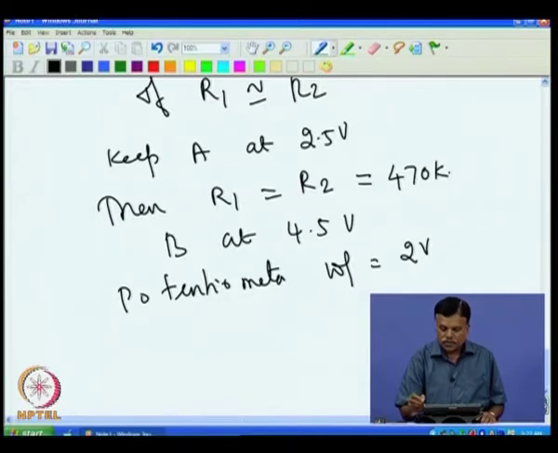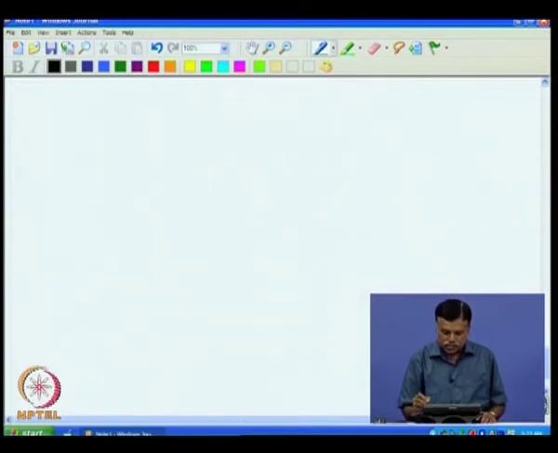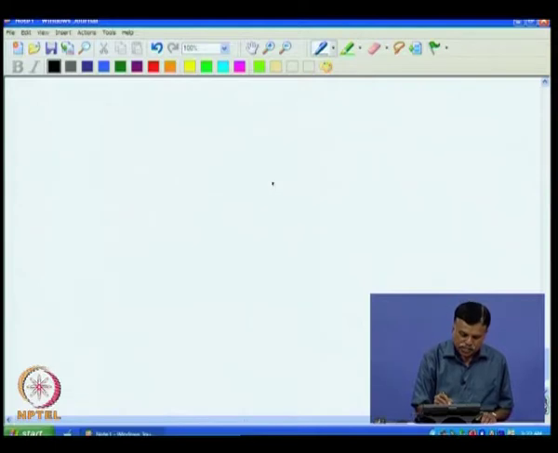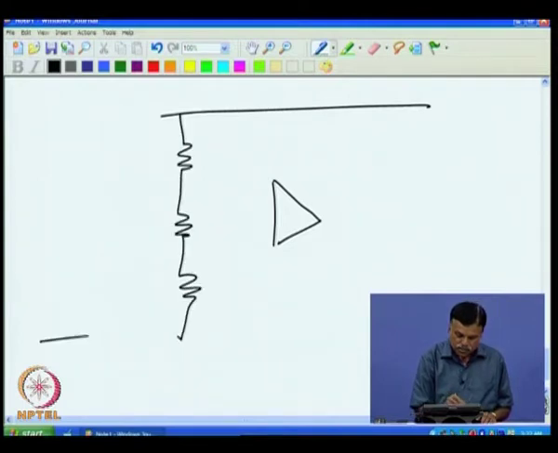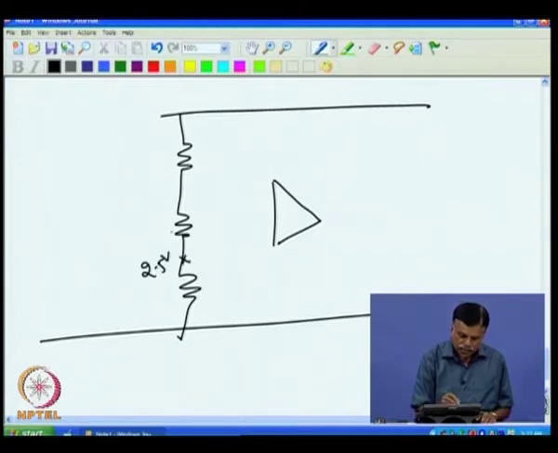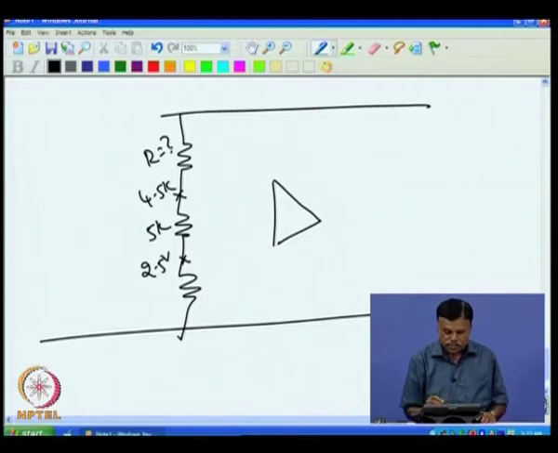So, if I draw the circuit now, the current transfer part looks like this. You have this, then I have this potentiometer, then this point is kept at 2.5, then this is 5k. So, this automatically I have to keep at 4.5k, that I can select these resistances.